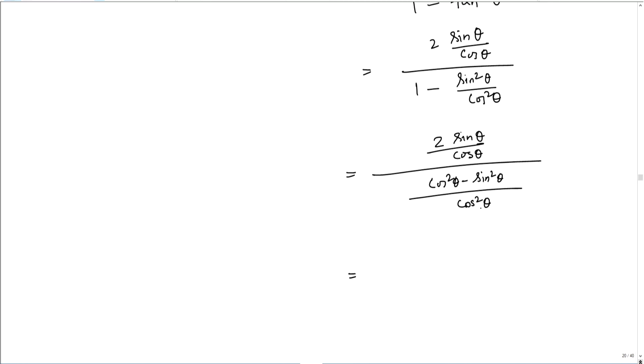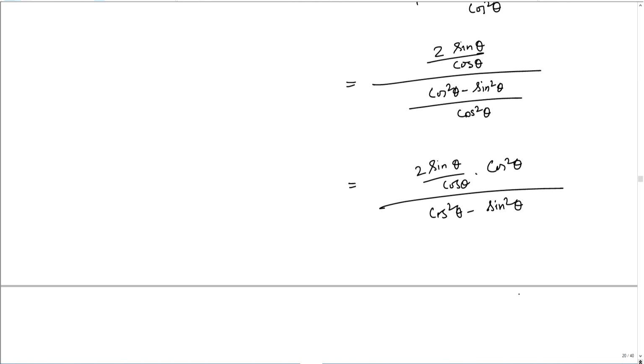Okay. Now, you can take cos square theta in the numerator, 2 sin theta by cos theta into cos square theta, and in the denominator you would be left with cos square theta minus sin square theta. So, this cos theta will cancel out one of the cos theta.